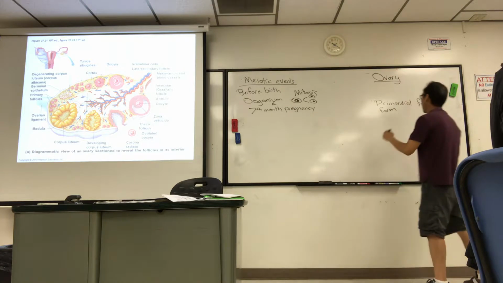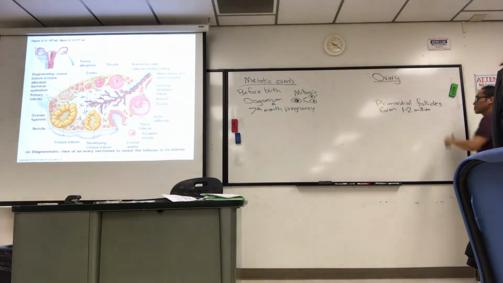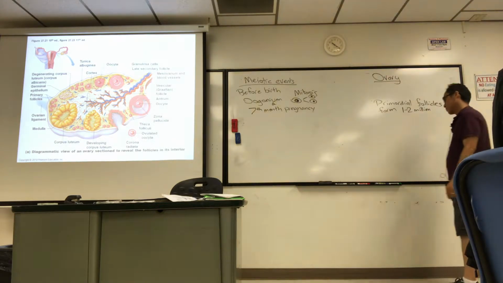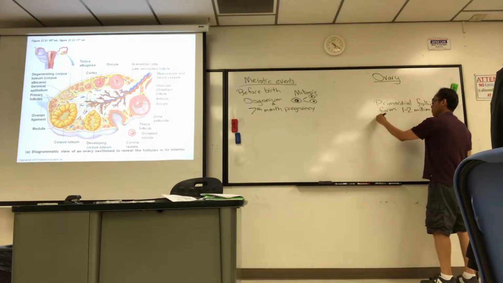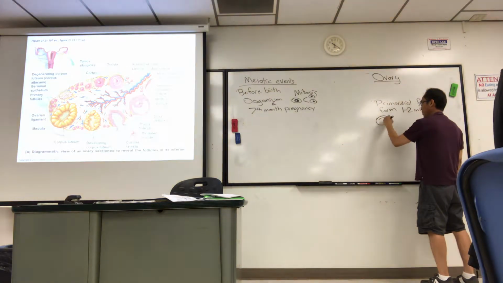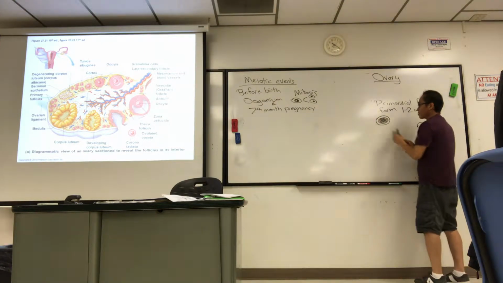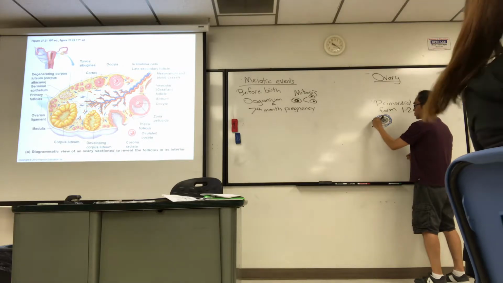Maybe you get something like 1 to 2 million of these follicles, and each has an oocyte in it. What I drew in black is the oocyte, the egg, and it's surrounded by follicle cells. If it's a primordial follicle, the cells are more or less flat. This is what I drew before.